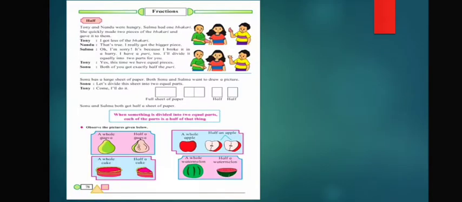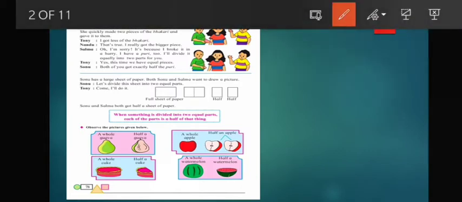Page number 78 in your maths textbook. See, children, there is a guava. When something is divided into equal parts, each of the parts is half of that thing.